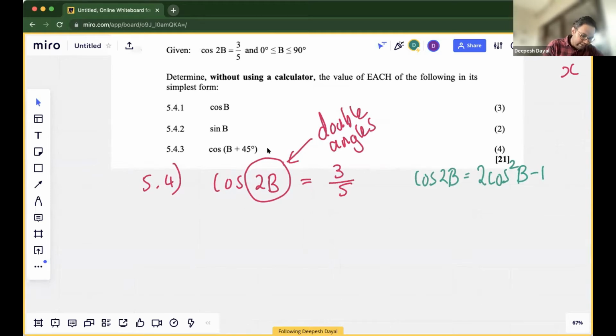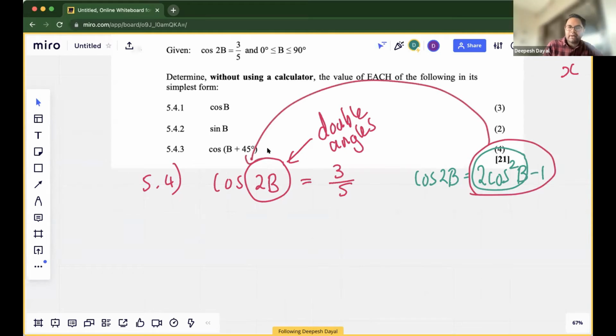And we then simplify this further. They want cos b, so we're going to get cos b as the subject of the formula here. So cos 2b, you're going to plug this in here: 2 cos squared b minus 1. I'm going to plug it in the place of cos 2b.